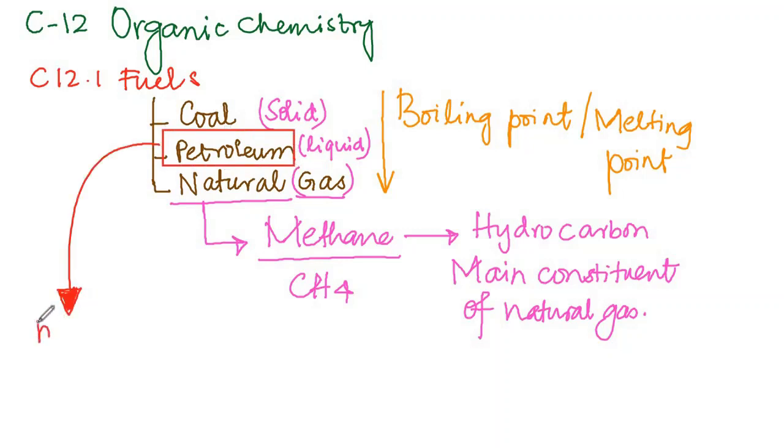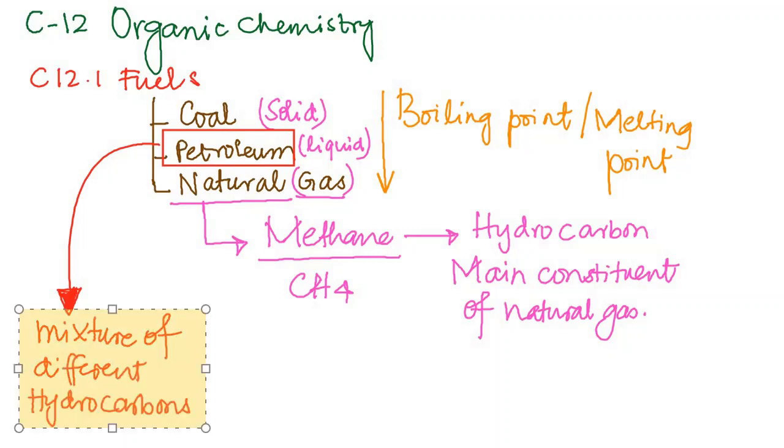So petroleum is a mixture of different hydrocarbons that can be easily separated with the help of a technique called fractional distillation. Different components, or fractions, are separated using distillation techniques.